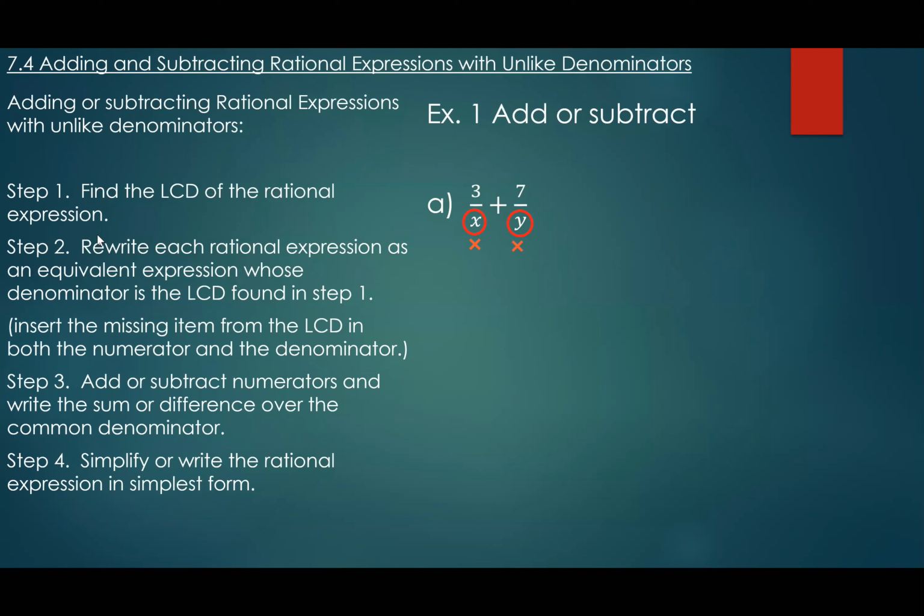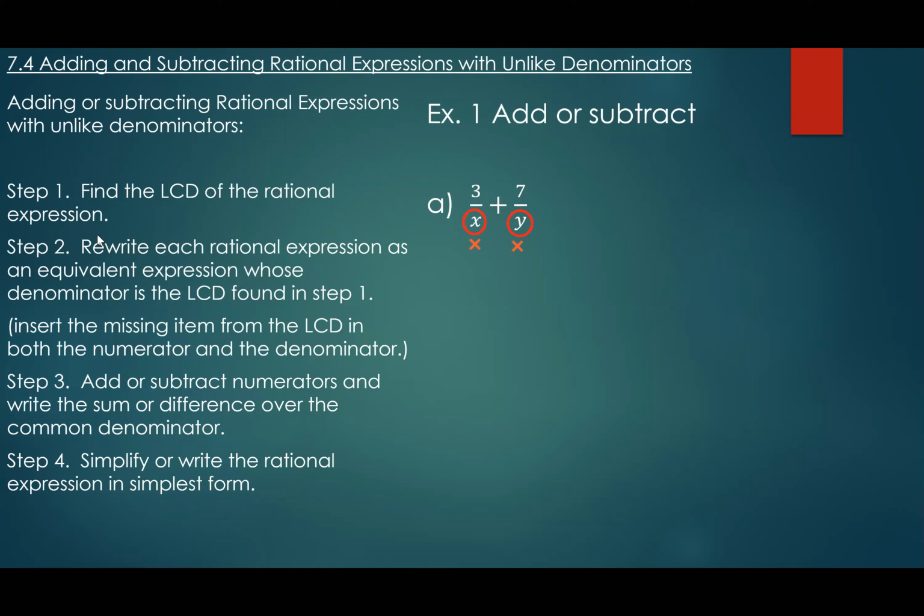Now the second thing we have to do is deal with the numerator. Rewrite your expression as an equivalent fraction whose denominator is your LCD, meaning we're changing the denominator to the new LCD.